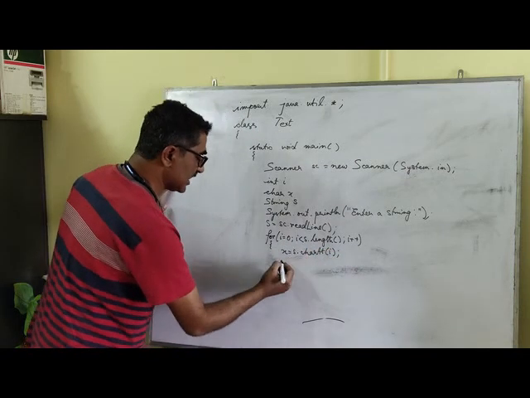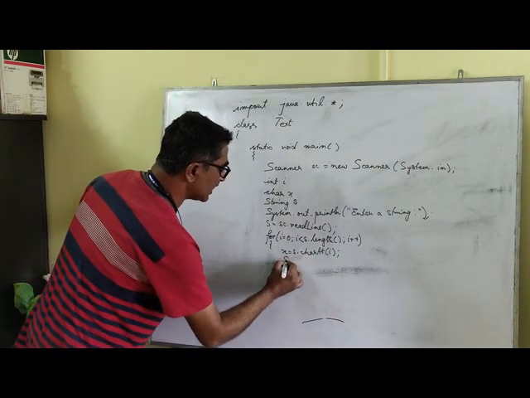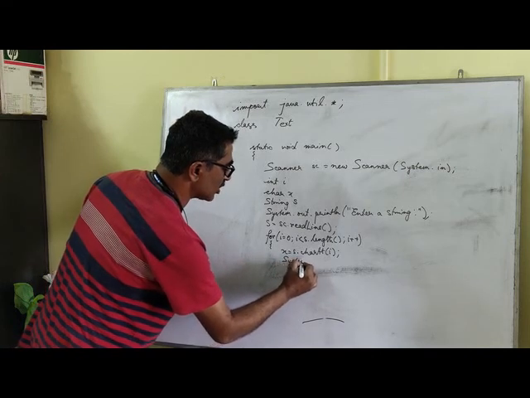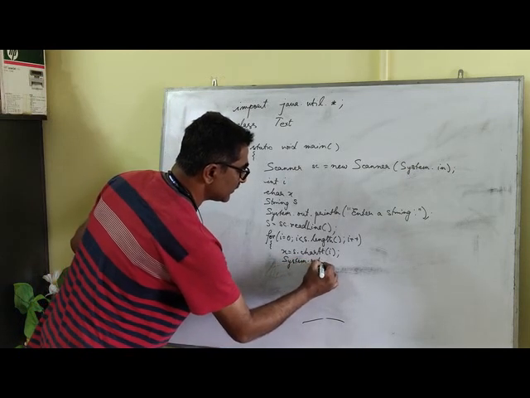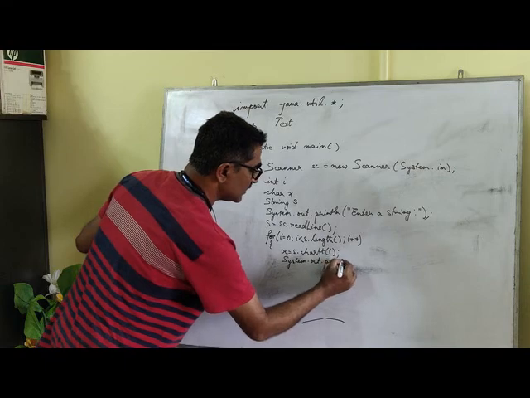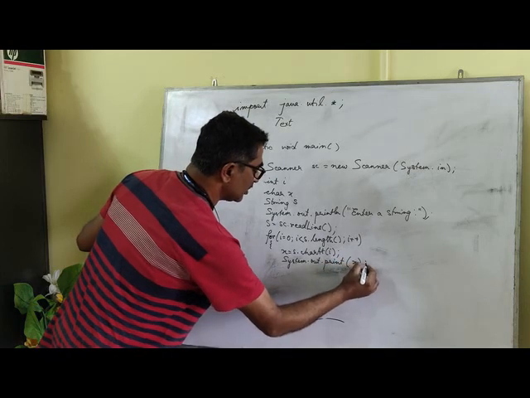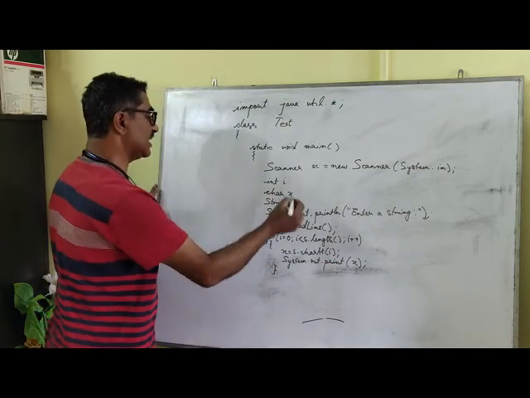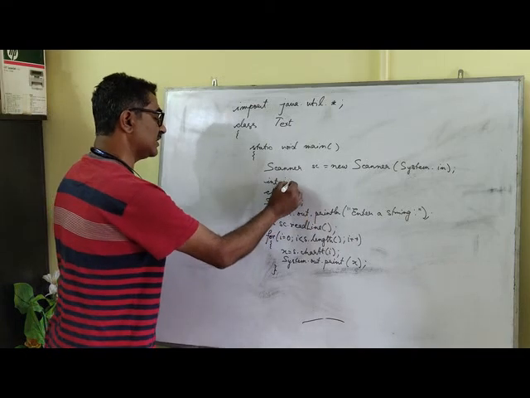I'm extracting each character, and then in case I want to print it, I can use the System.out.print statement to print the individual characters. And that's it. That's the technique of taking user input.